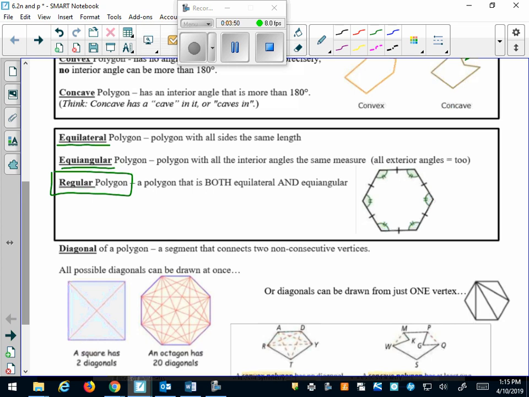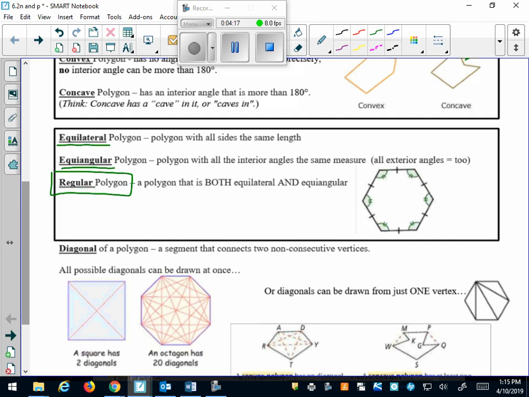A regular polygon is a polygon that's equiangular and equilateral. So it's really special. A regular polygon has these qualities that are really special. If we know something's regular, there's a lot we can figure out about it. And you're going to see that later.